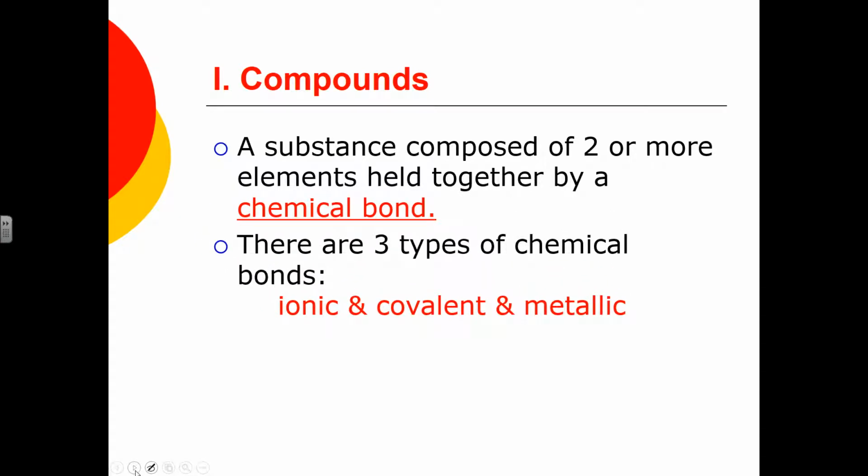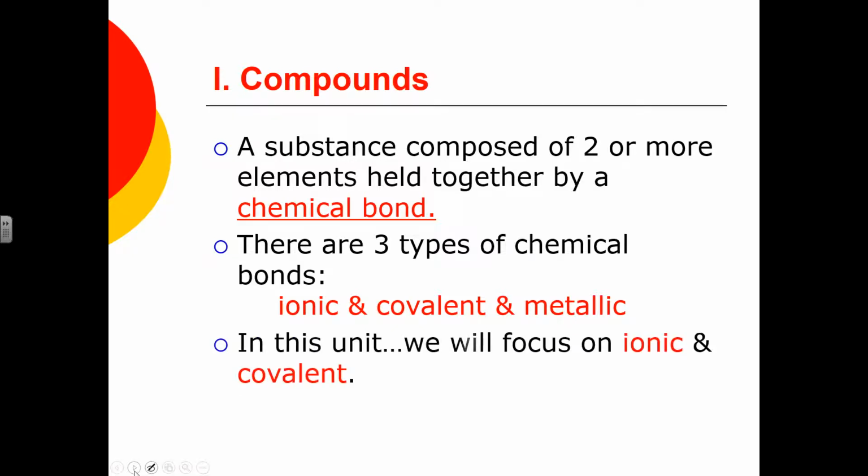There happen to be three types of chemical bonds: ionic bonds, covalent bonds, and metallic bonds. In this particular unit, we are going to focus on two of those three types: ionic and covalent bonds.